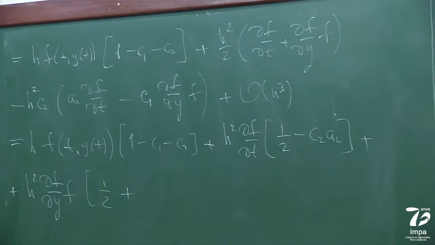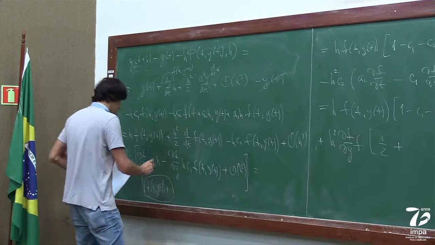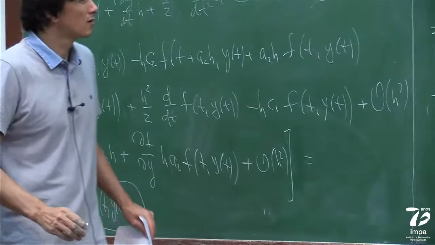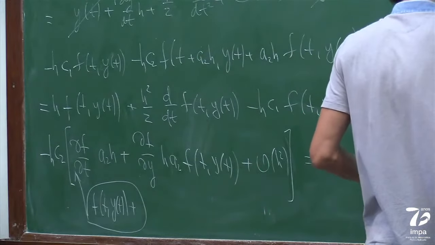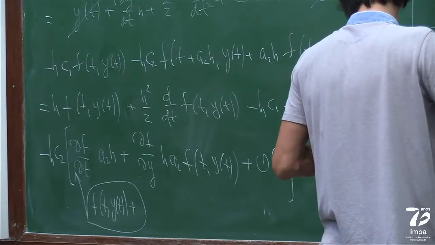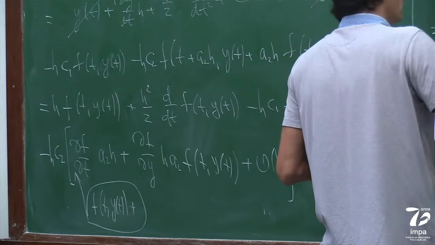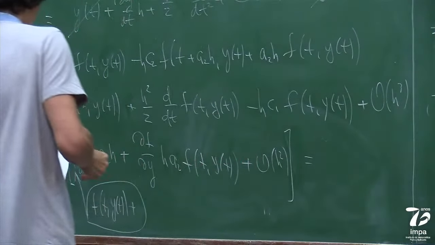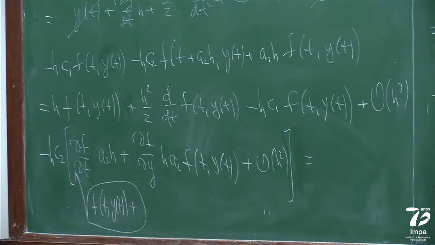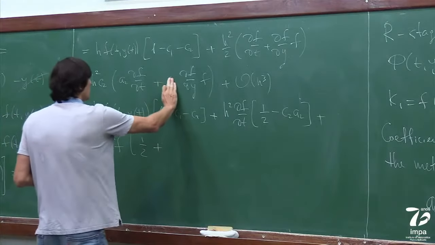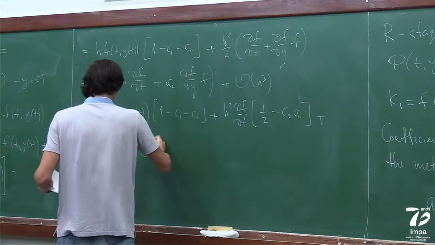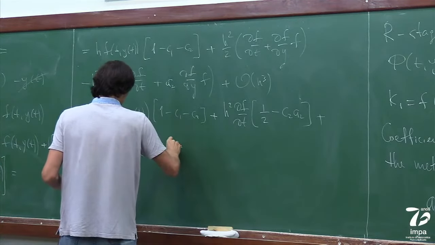Yeah, so just confused here. So this is plus, of course, here, and A2. Can it be? Yeah, A2. Minus C2A2 again.